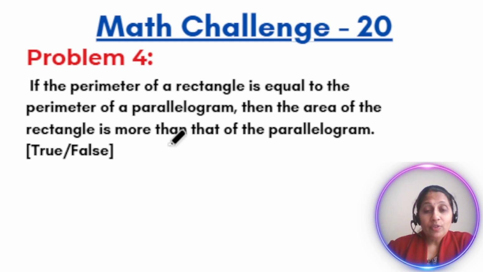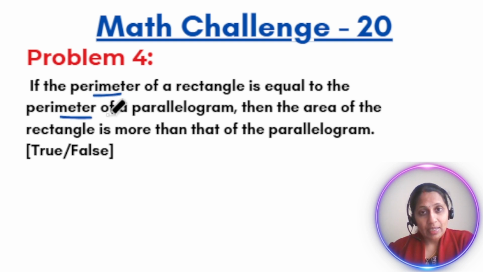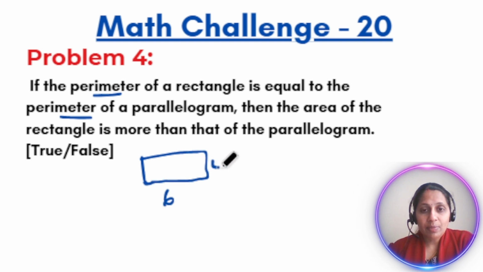So let's come to the final problem: if the perimeter of the rectangle is equal to the perimeter of the parallelogram, then the area of the rectangle is more than that of the parallelogram, true or false. If you note here, both perimeters are the same. It doesn't mean that the rectangle and the parallelogram will have the same area. Let's take an example. Say the rectangle length is 6 and breadth is 4.